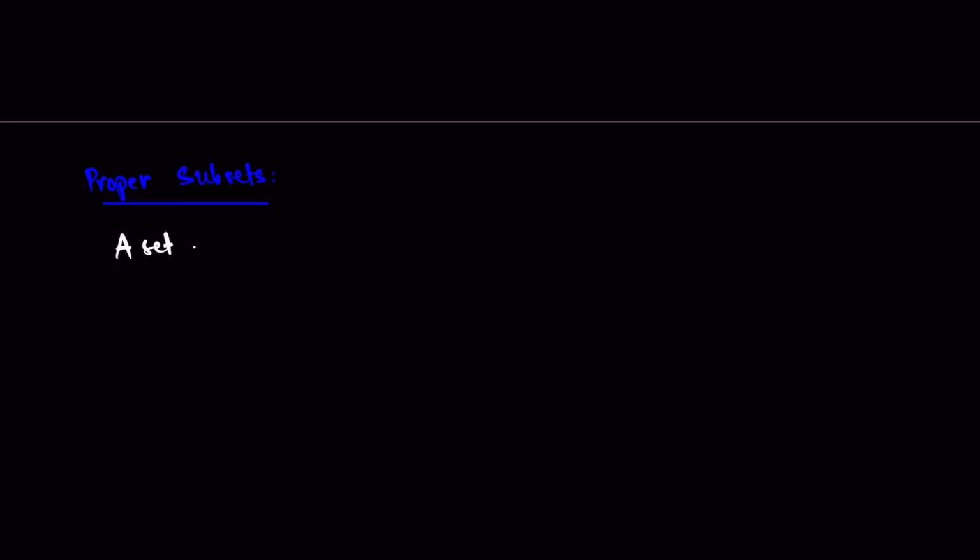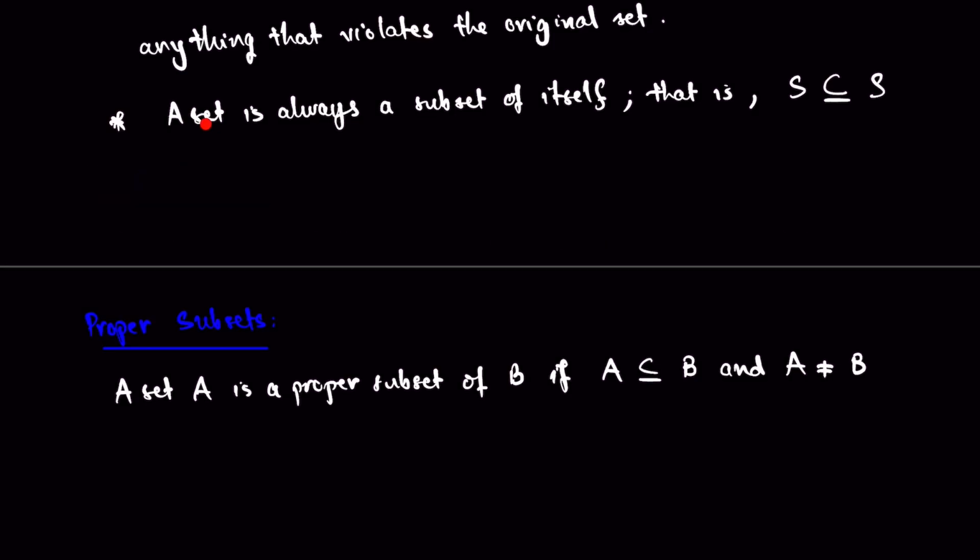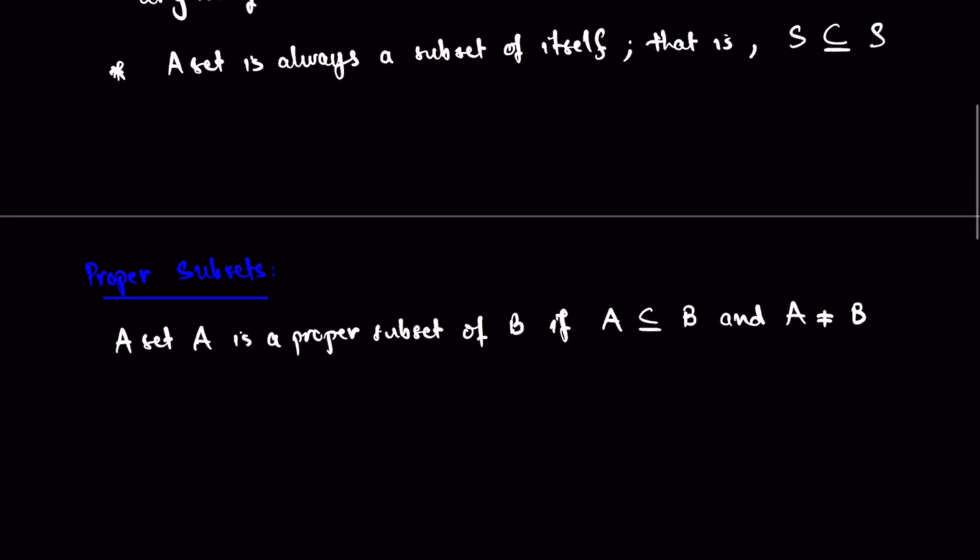So a set A is a proper subset of B if A is a subset of B and A is different from B. So to define the proper subset, you exclude the idea that the set is only the subset of itself. And because you exclude that, you can get rid of this line underneath.